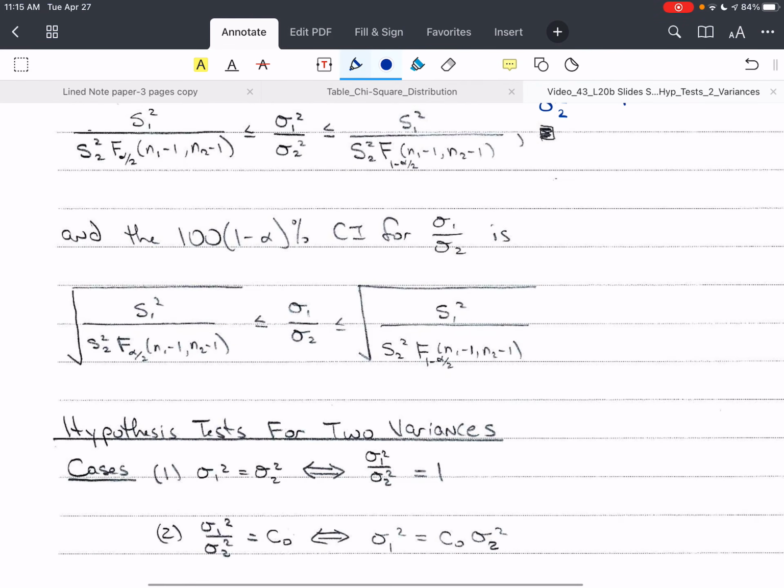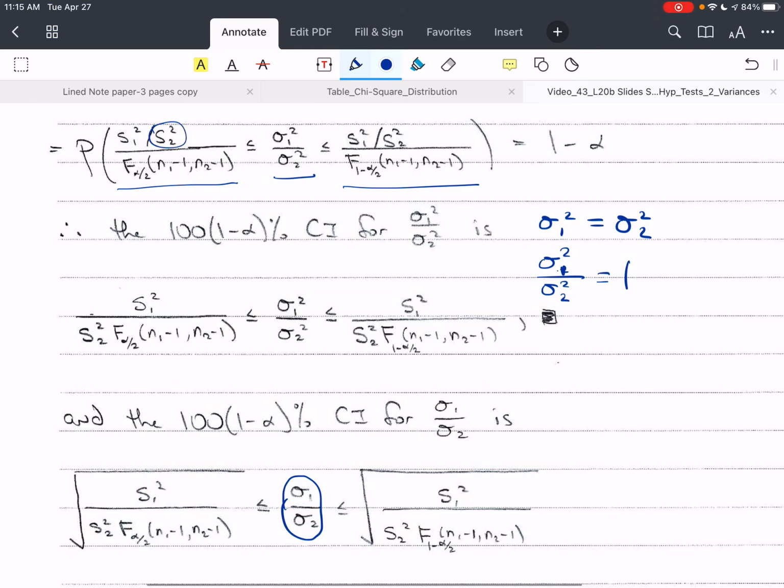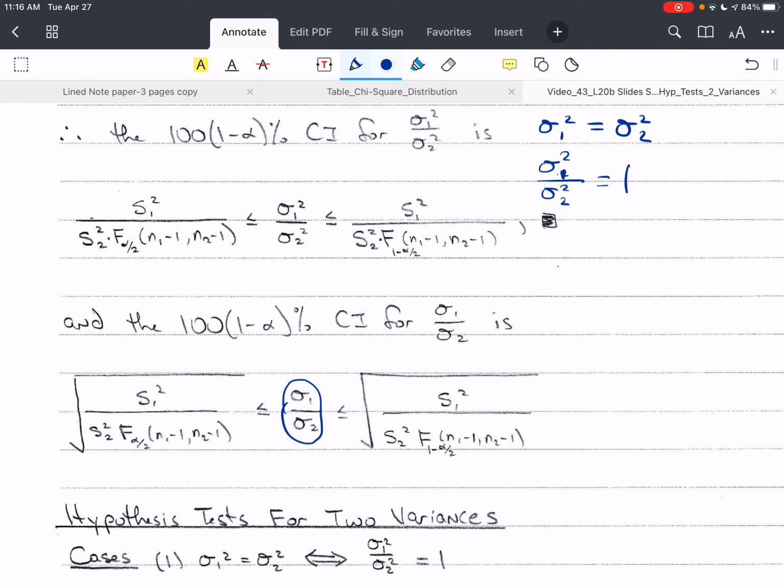And if I want the ratio of the standard deviations, sigma 1 over sigma 2, take the square root. And you'll notice what I've done here is I've taken S2 squared. You could leave it in the numerator, but how we normally do it is, in the calculator, we probably do it more this way. It's less parentheses. So I put S2 squared in the denominator and did the same thing here.